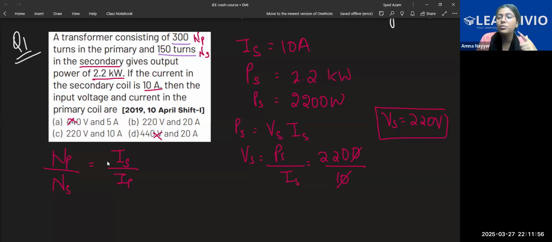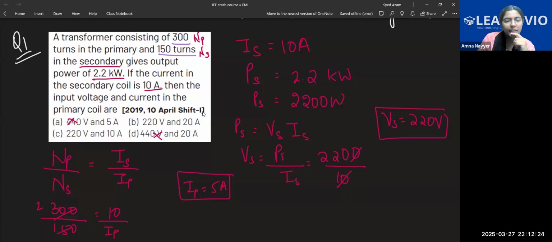Whenever you're using current, current will be reversed here. When you're talking about the voltage, it will be exactly the same as the number of turns. So NP is 300, NS is 150, IS, current in secondary, is 10, IP is missing. So this is 2, this is 5. So IP will be 5.